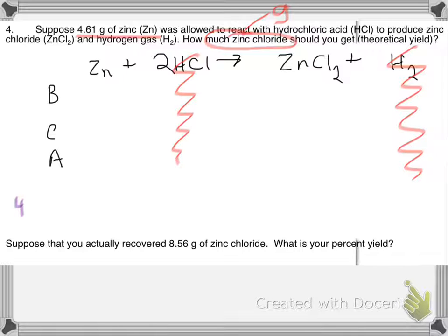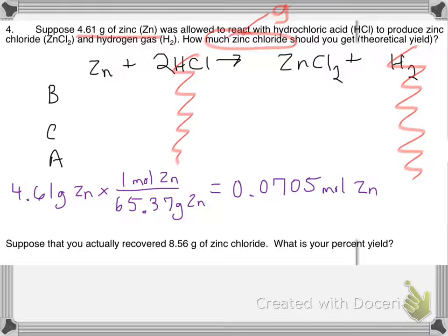So we're going to convert our grams of zinc into moles of zinc. When we do this calculation and divide by the molar mass, we get 0.0705 moles of zinc. Notice we start with 3 significant figures, so we want to end with 3 significant figures.